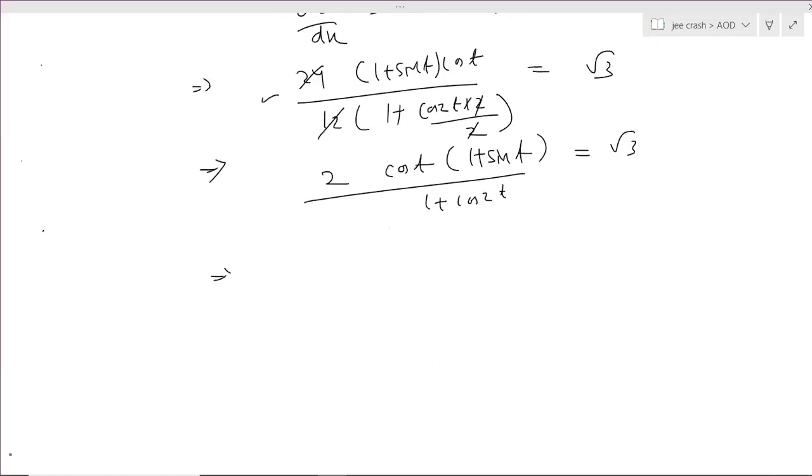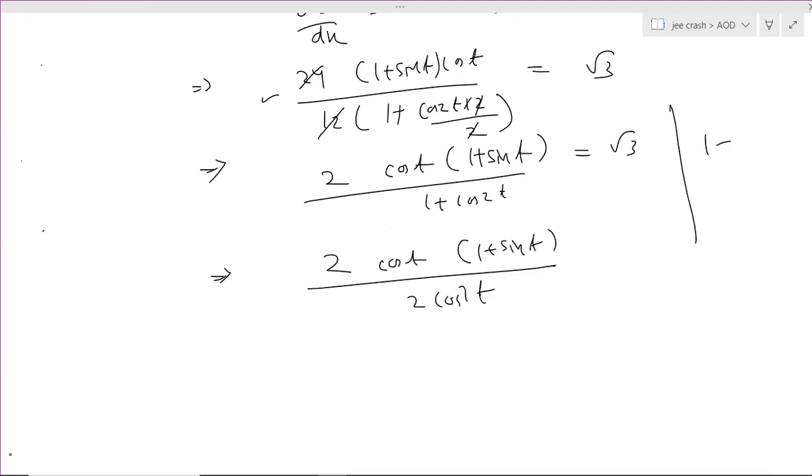If you do not know these formulas, then it will be difficult for you. So 2 cos t (1 plus sin t) whole divided by 2 cos square t. Please write it down: 1 plus cos 2 theta is 2 cos square theta, and 1 minus cos 2 theta is 2 sin square theta. So 2 and 2 are cancelled, and cos t and this square are cancelled.